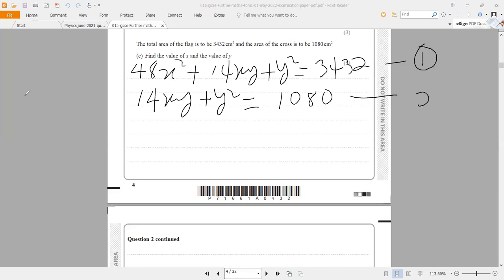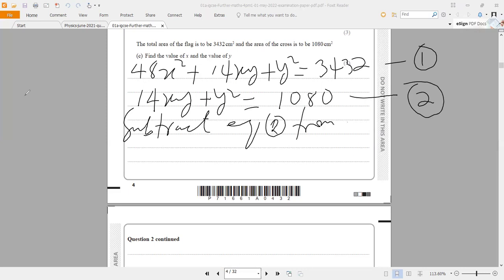So this is equation 2. Good. Now let's do this. Subtract equation 2 from equation 1.